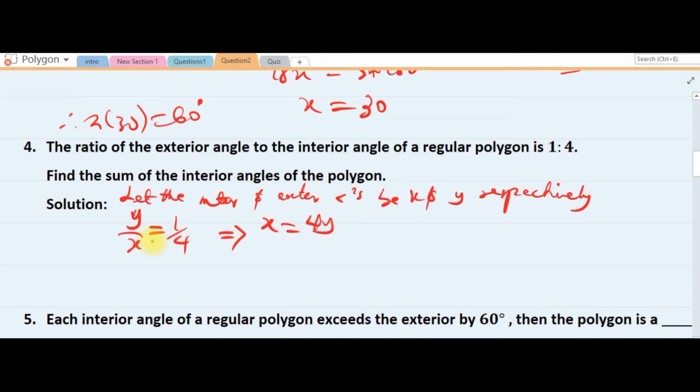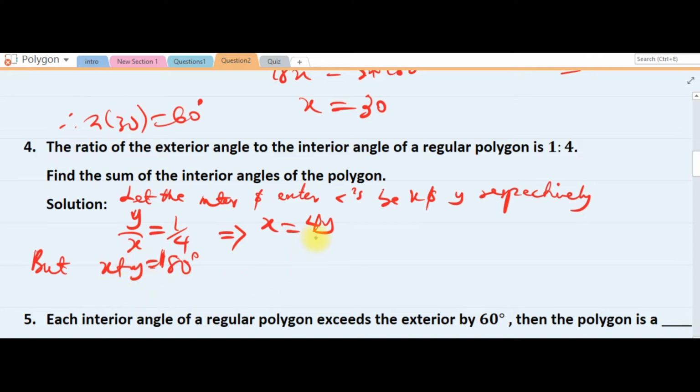They now ask us to find the sum of the interior angles. But we know that if you add an interior and exterior angle, it must give us 180, because we have two unknowns here and we need an extra equation to solve this. So we remember the relationship between an interior and exterior angle: if you sum the two, it must be 180.